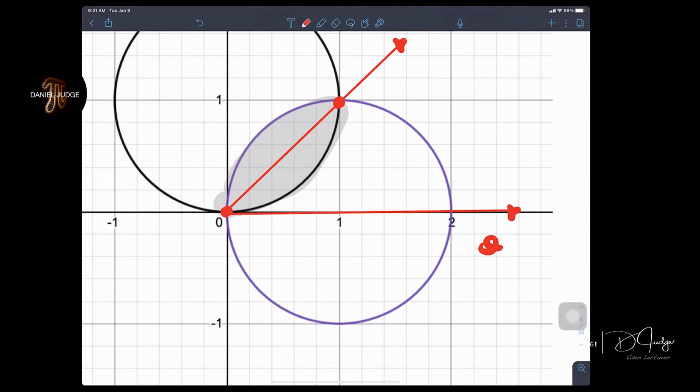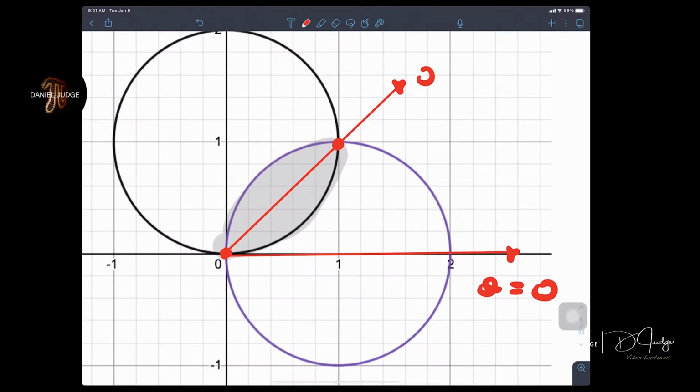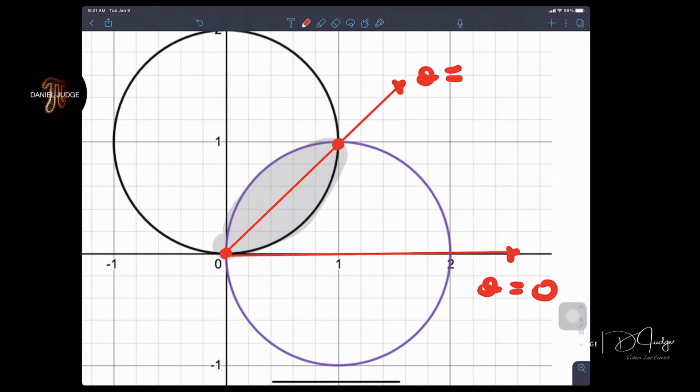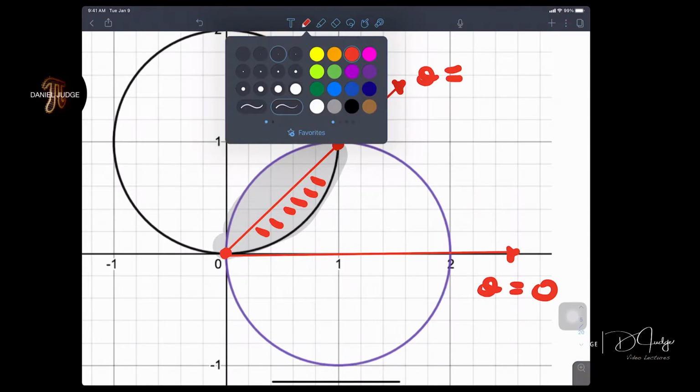We know this is theta equals 0. We have to find what this theta is. We don't know what it is. But if we only get this area here and we double it, because of symmetry, we'll find the area that's inside both curves.